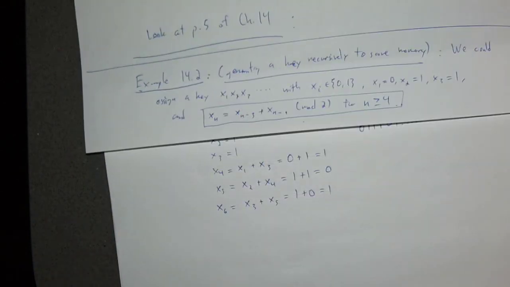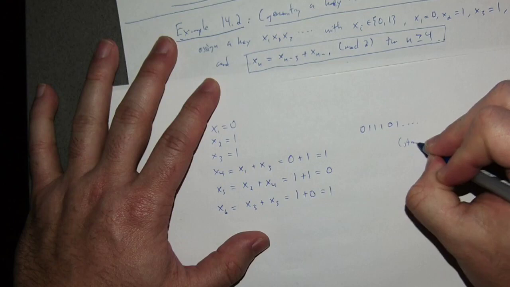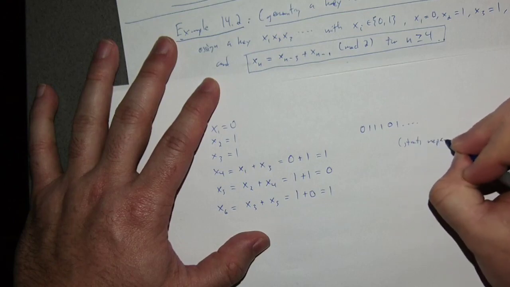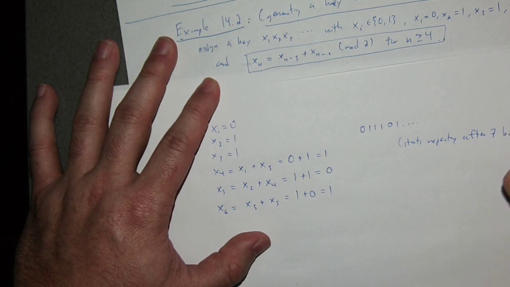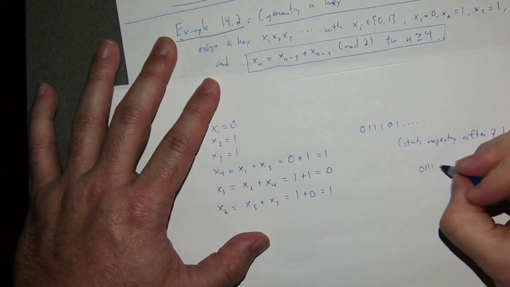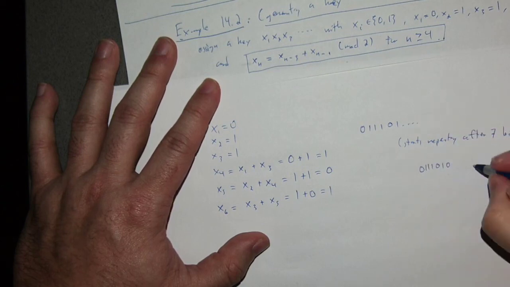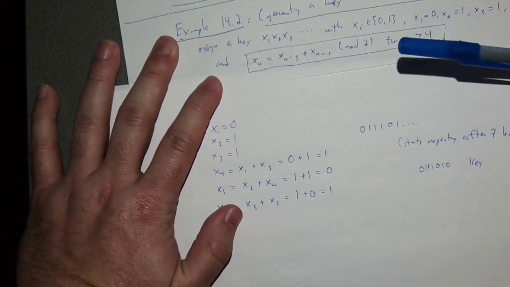And it turns out that this starts repeating after 7 bits, or 7 entries here. And so the key in question is 0111010, and it has period 7.